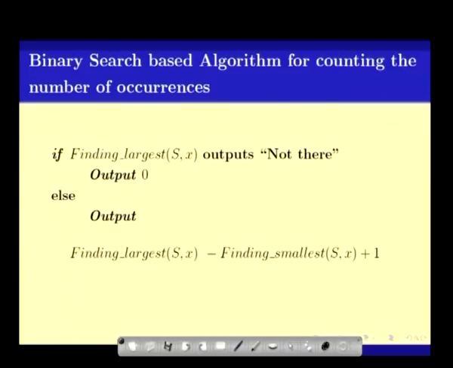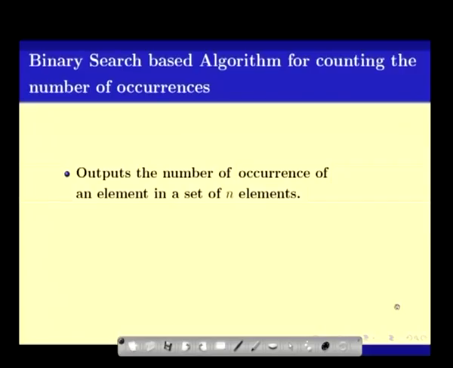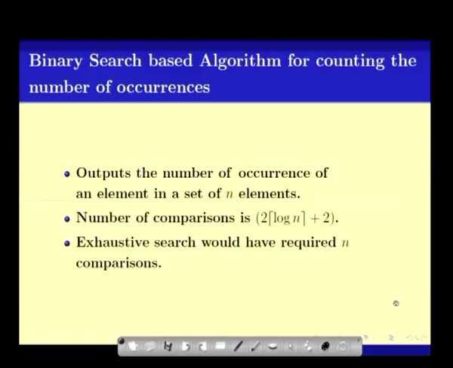Else we know this x is there, and finding the largest will output the largest index, which is equal to j. Finding the smallest will output the smallest index, and then I will output finding largest minus finding smallest plus 1. Clearly this will give me the right answer. So, this will output the number of occurrences of an element in the set of n elements.